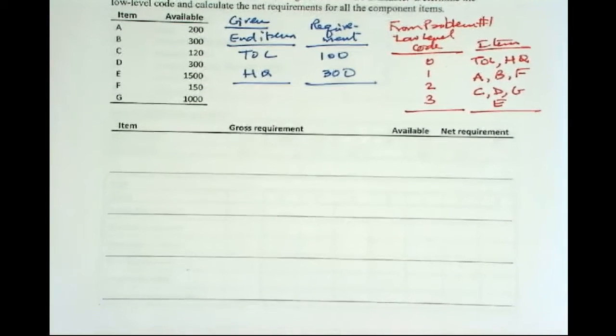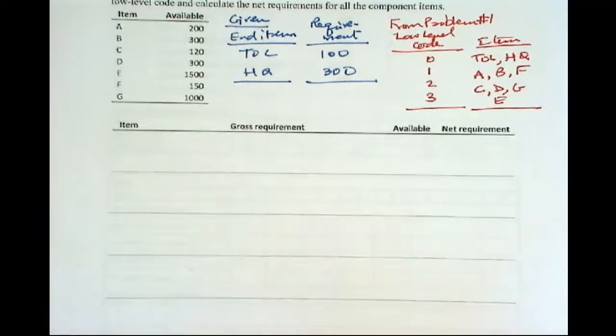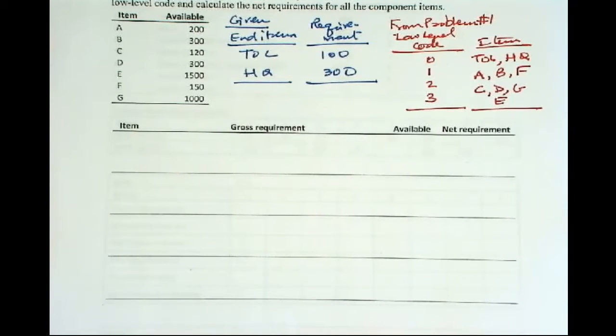By doing the computations in this order, you will always make sure that when you process a particular item, the requirements for all its parents are already computed and available. If you don't follow this order, you end up not computing the gross requirements accurately. That's why it is very important that this order is followed.